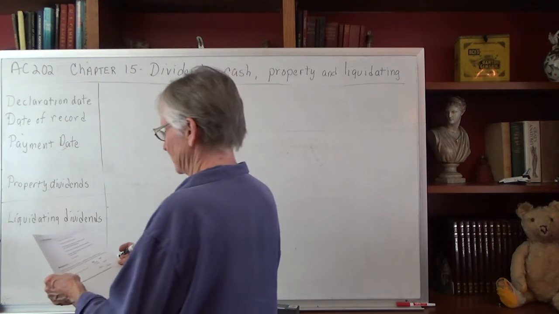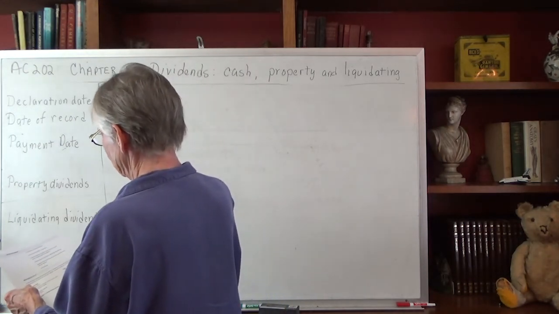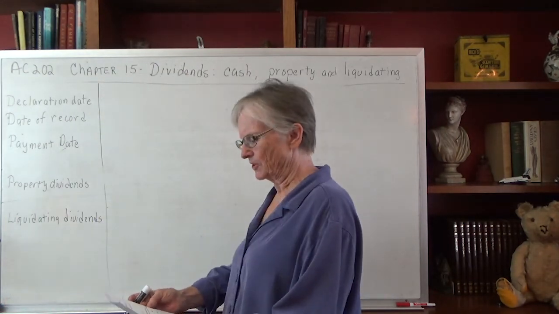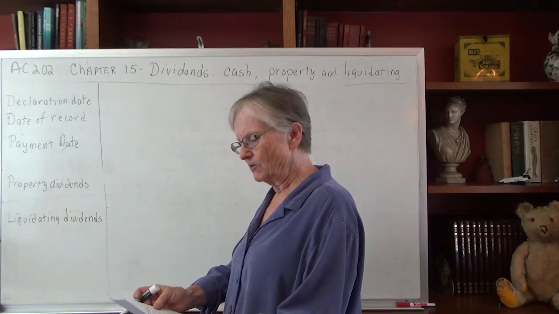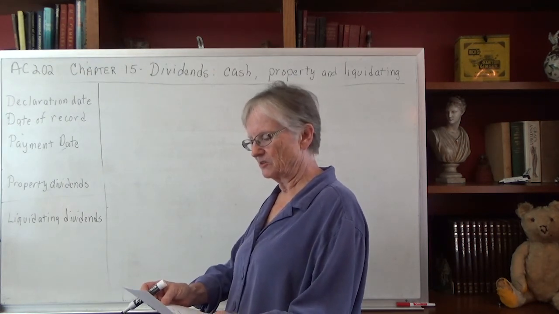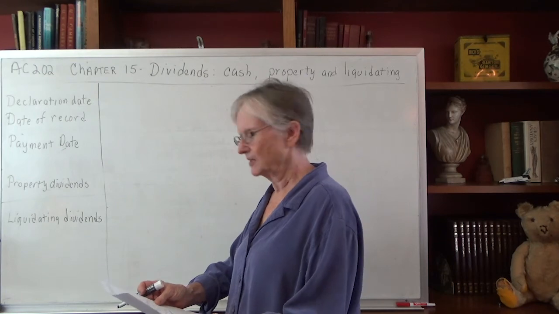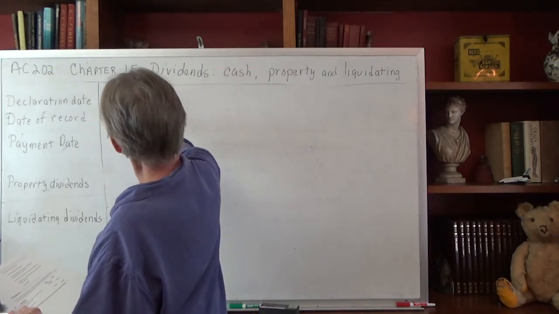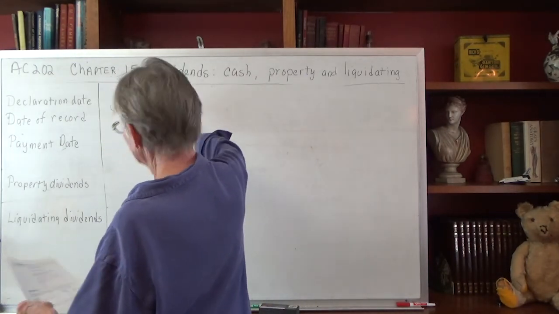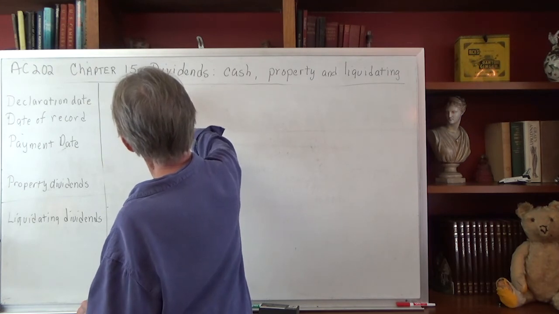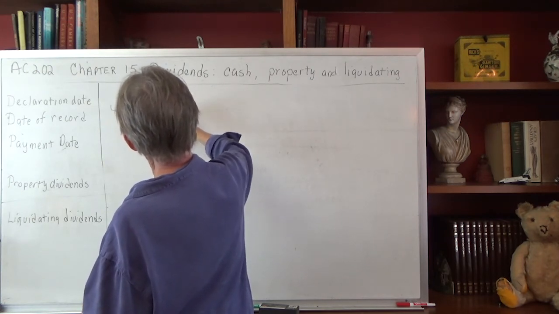I give the example of this mining company that declared a dividend of $500,000, and of that amount, $125,000 is a return of capital. Okay, so this happens on 4/20, and so they've declared a cash dividend. So we don't call it a liquidating dividend, it's just a cash dividend.